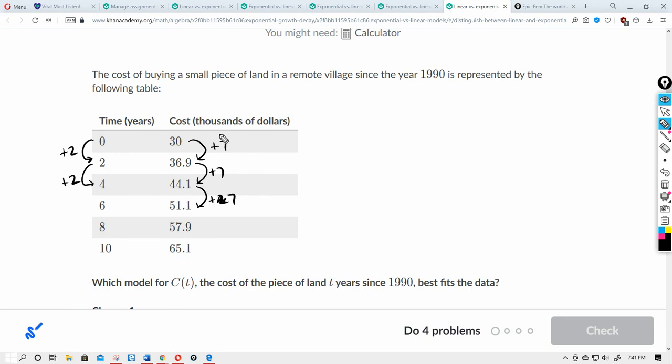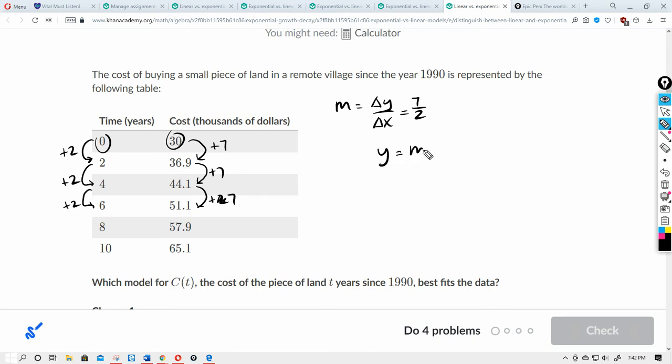Okay, but the y goes up by 7 every time the x goes up by 2. Okay, so remember the formula for slope. It's change in y over change in x. So in this case, the change in y is 7 and the change in x is 2. And the initial value at 0 is 30.